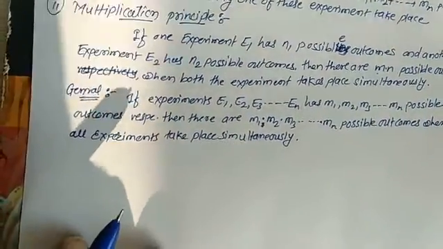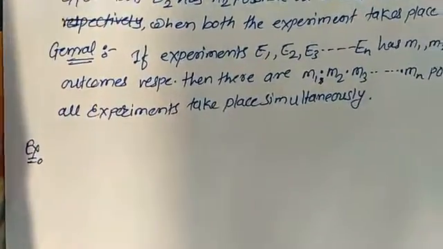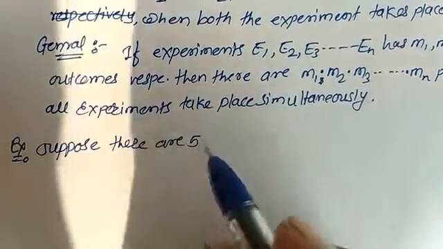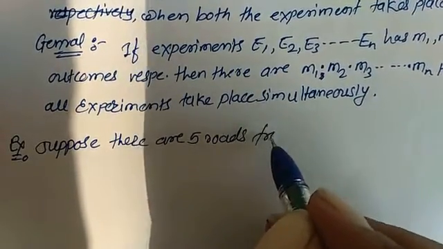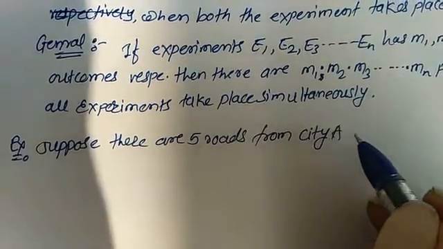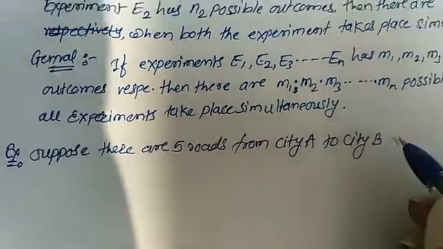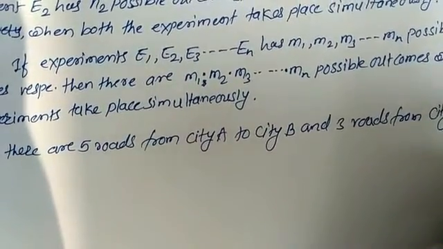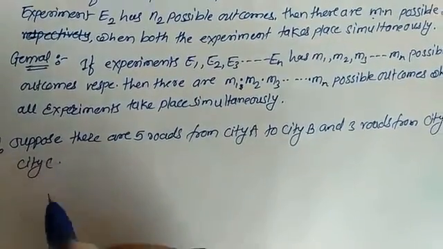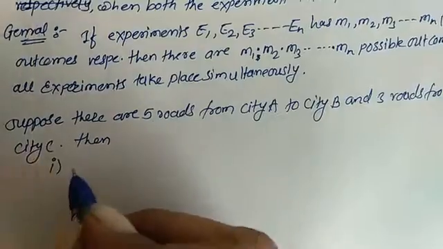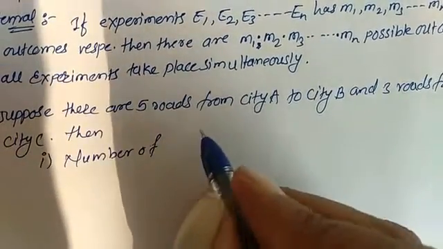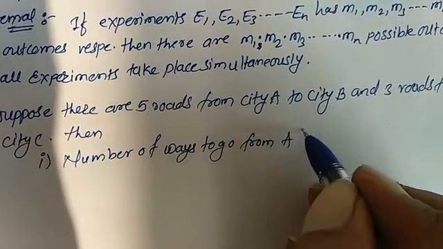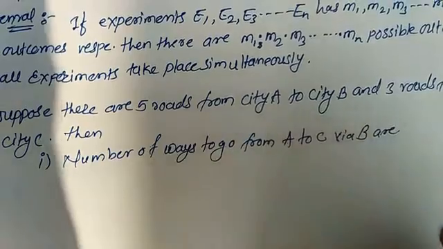Okay, so for example, suppose there are 5 roads from city A to city B and 3 roads from city B to city C. Then the number of ways to go from A to C via B are.